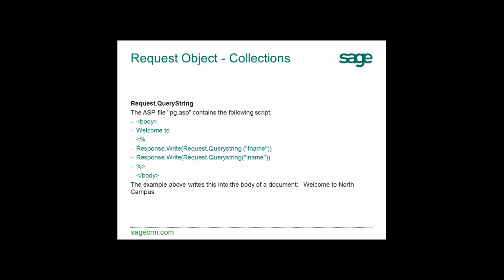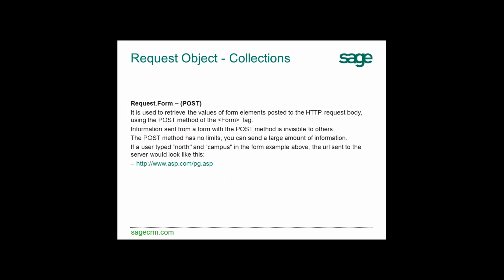It becomes easy, or it is easy to use within our ASP pages. It becomes a little bit more tricky when we think about the nature of a request object, because forms make the request using a different HTTP verb.